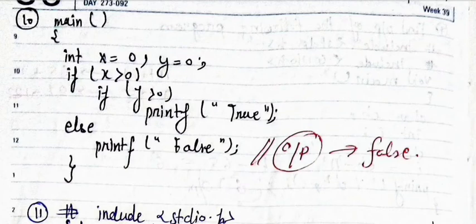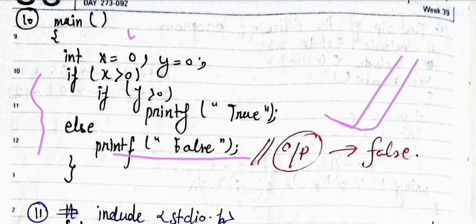So what is the output of this program? Here int main, if x equal to 0, so this is false. Why? Because the value of x is 0 initially, so how is this going to be true? Else print the value false. So the output of this program is false.